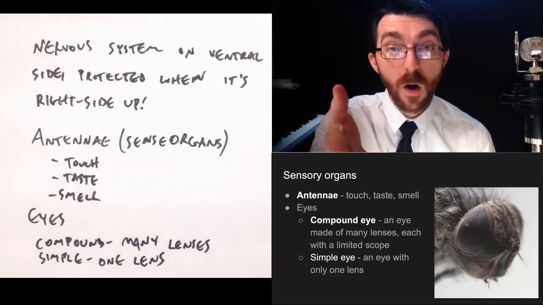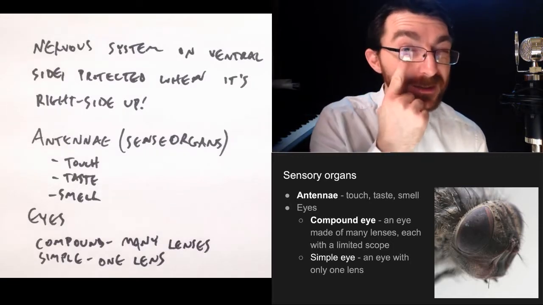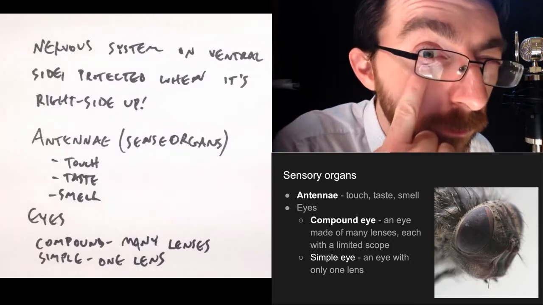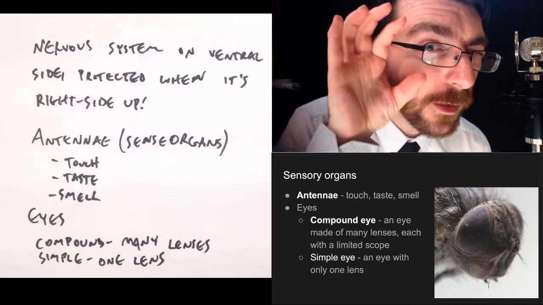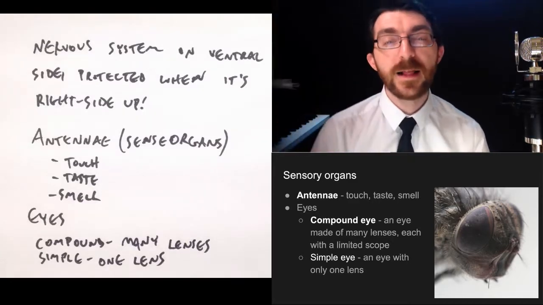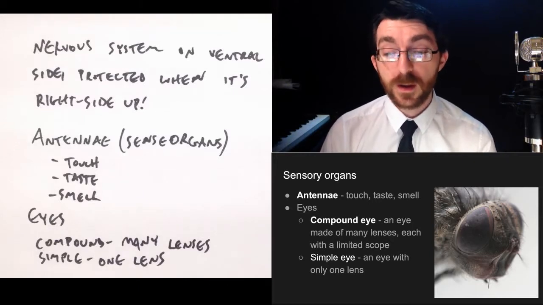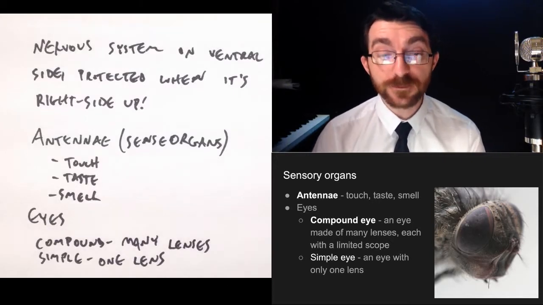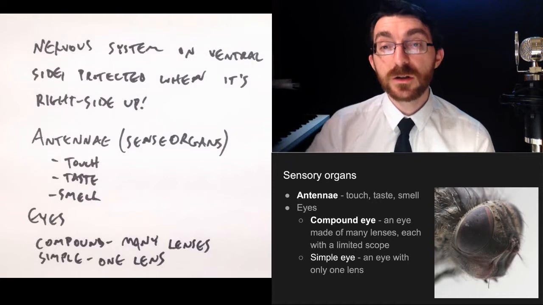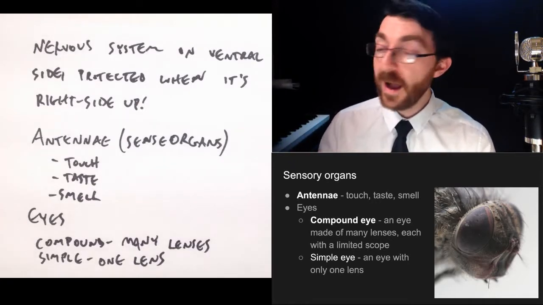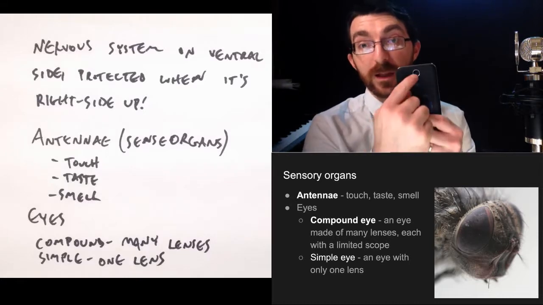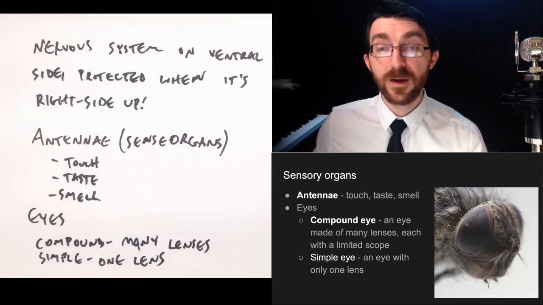Your eyes are that kind. You have a single lens, right? And light enters through there. It's focused on the back in your retina, and that's how an image is formed. Now, if you could imagine an eye that is just covered in those, so maybe like on the back of one of those newer iPhones that has like 3 of them and gets people all freaked out.